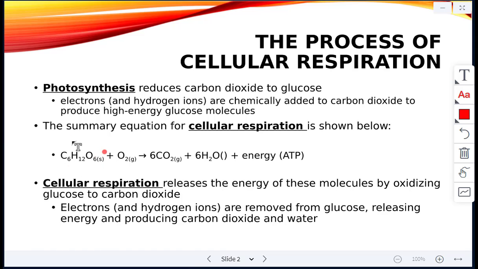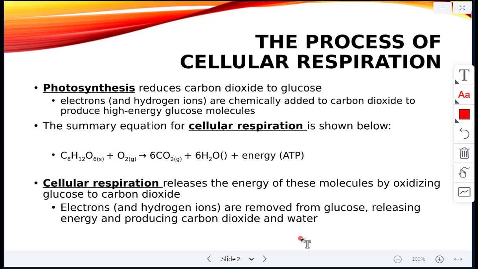So we have the glucose plus oxygen producing 6 carbon dioxide, 6 water, and then energy is being released as ATP. So cellular respiration releases the energy of these glucose molecules by oxidizing glucose to carbon dioxide.